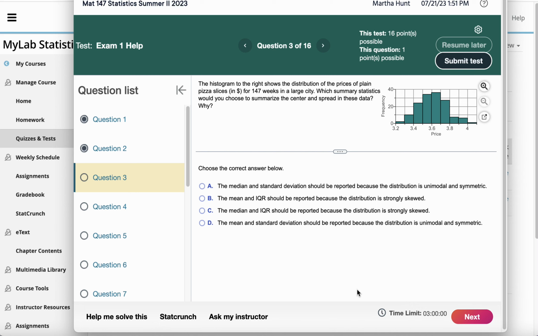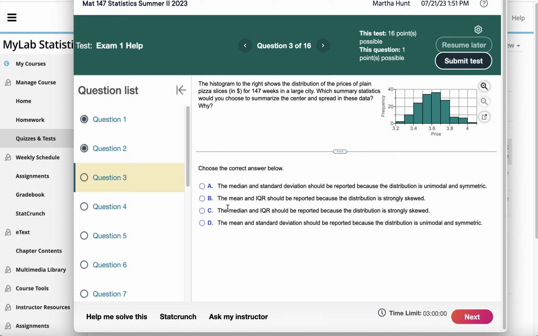First of all, it is unimodal and it is symmetric. So let's see. I'll just do a little aside here for its being unimodal and symmetric. We should be using the median and the IQR. So it is not strongly skewed.